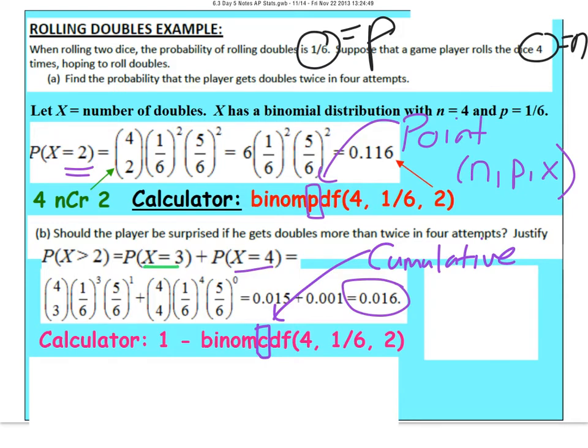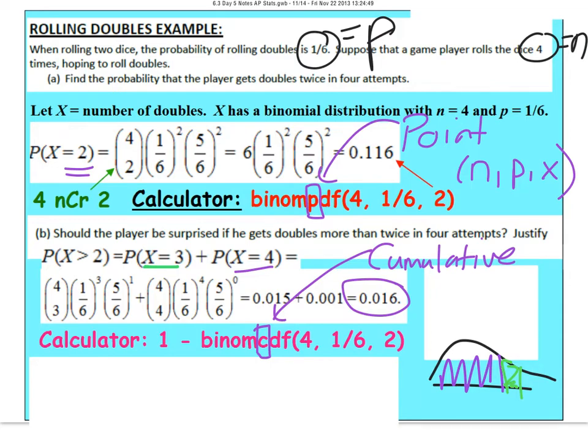On the normal CDF, you could go from any range that you wanted to. But on binomial, it only counts backwards. So if we have a distribution, for example, and it's binomial, maybe it looks like this, the calculator only goes from the point you tell it all the way back. It can never get you a little range in here. It can't do that for binomial. So you have to be thoughtful on it.